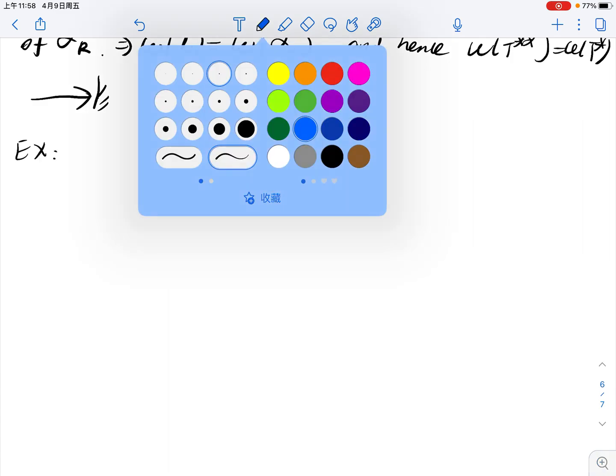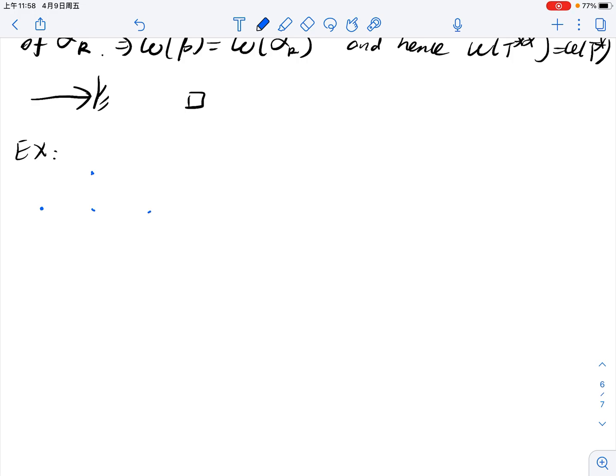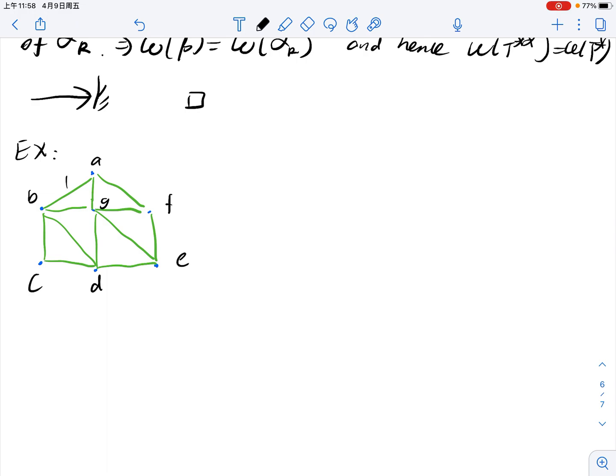If we look at the same example for the greedy algorithm, we have the following different spanning trees. First, the root vertex is A as well.